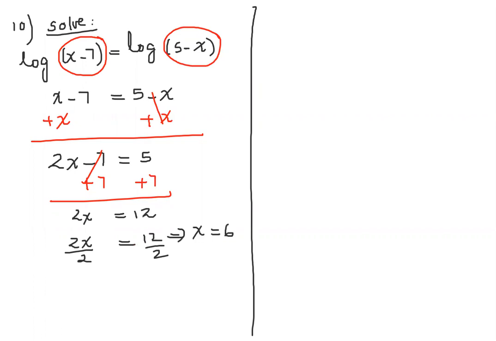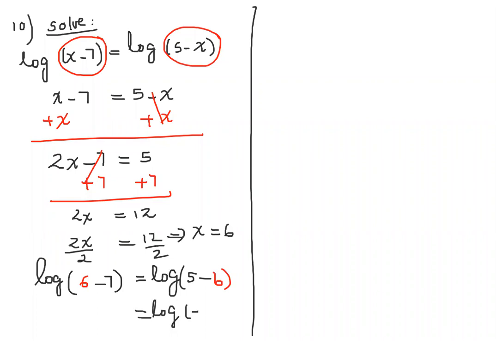However, we have to go back and plug it in the original equation. So we have log of 6 minus 7 equal to log of 5 minus 6. However, we are getting log negative 1. Log of negative 1 is not defined.